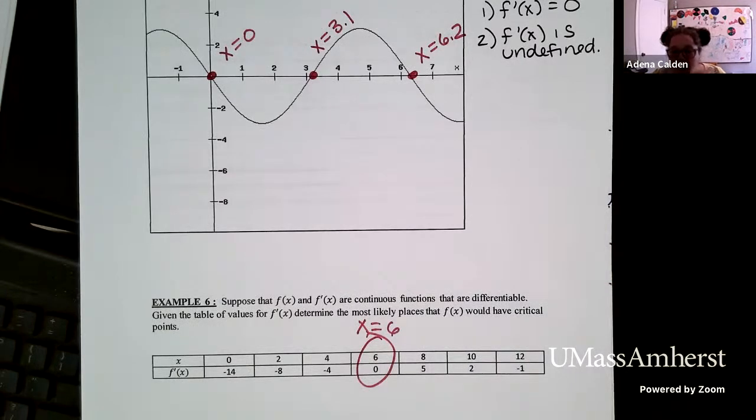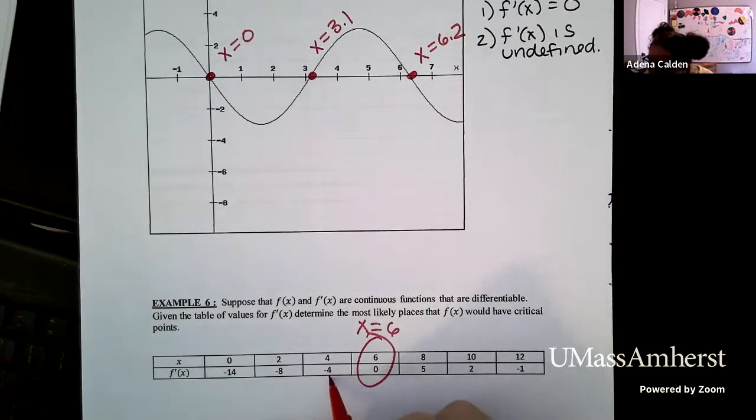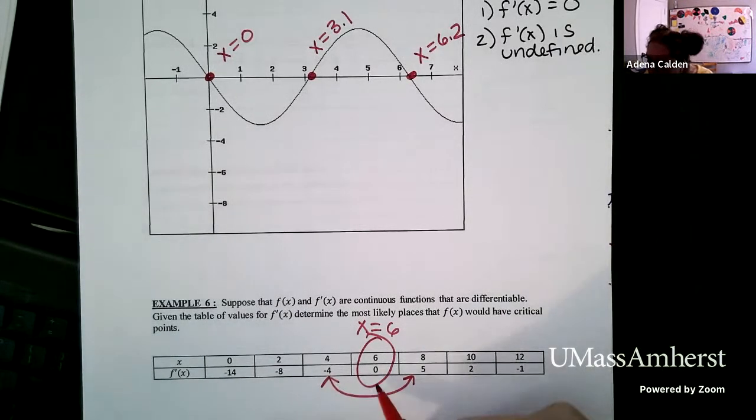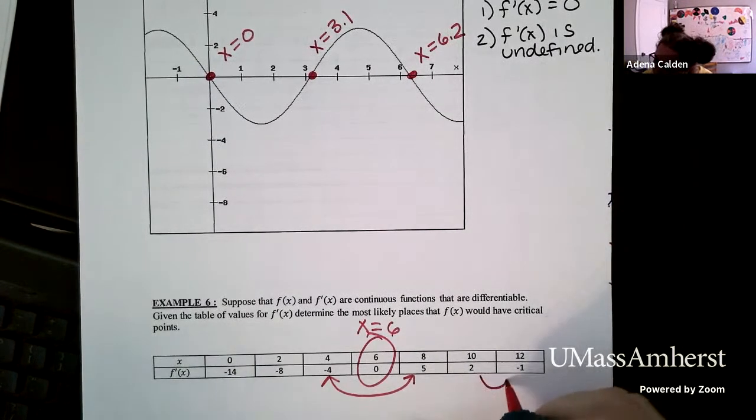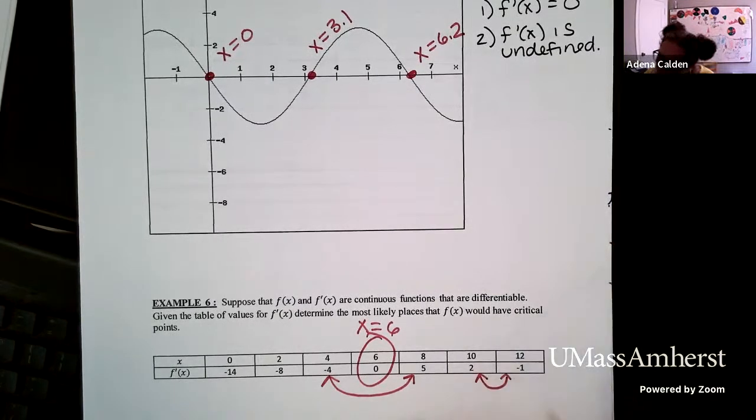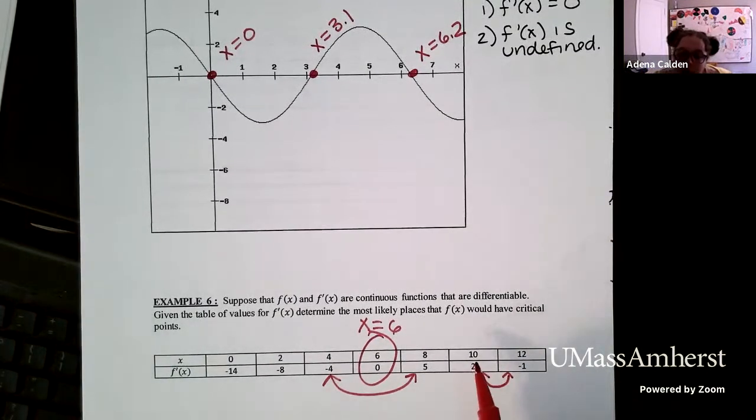Now, thinking about continuity, in order for a function to change signs, so to go from positive to negative or negative to positive, it has to go through 0. We see that happening here, right? So we went from -4 to +5, and in between, we crossed through 0. But that happens again over here, okay? So we go from +2 to -1.